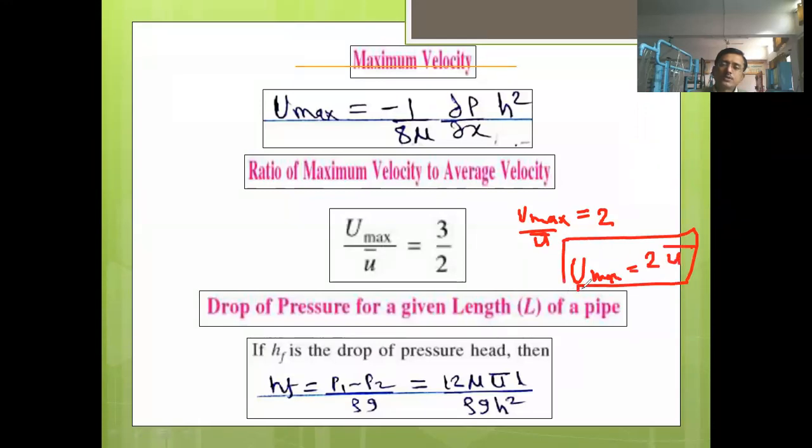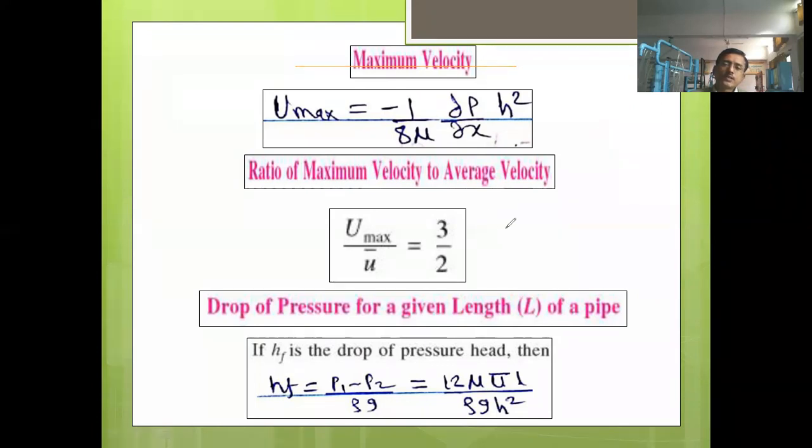That is the equation we saw for the pipe flow. And what is the equation here? U max by u bar is equal to 3 by 2, or you can write it like this also: u max is equal to 1.5 times the average velocity. Okay, you can note it down like this. U max is equal to 1.5 u bar.